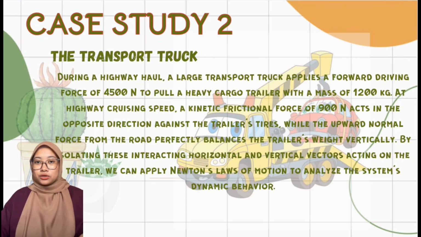At highway cruising speed, a kinetic frictional force of 900 Newton acts in the opposite direction against the trailer's tires, while the upward normal force from the road perfectly balances the trailer's weight vertically. By isolating these interacting horizontal and vertical vectors acting on the trailer, we can apply Newton's laws of motion to analyze the system's dynamic behavior.